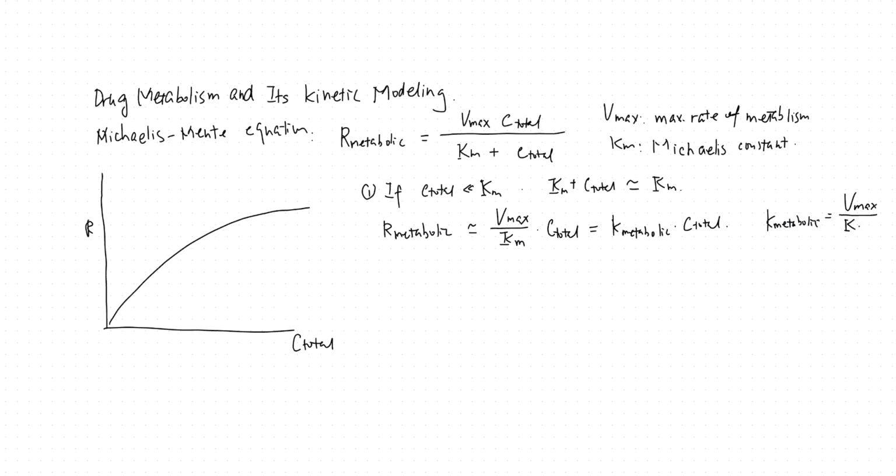The reason we give it another name instead of using the ratio Vmax divided by Km is just to make it more informative, in case this is linear in C total. This is linear in C total, and this type of linear relation we call first order kinetics.